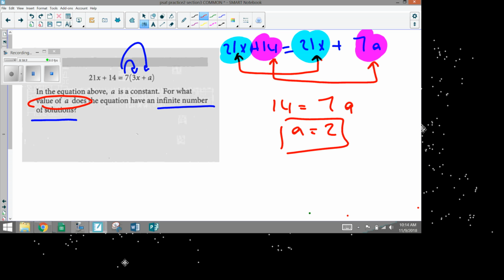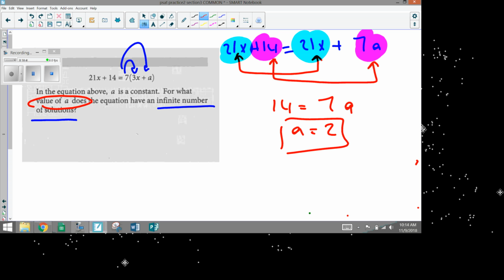Alright, so it's saying infinite number. What does that mean? Whatever you plug in for x should satisfy it, because it has an infinite number of solutions. Let's try that. Try 0 for x. When you try 0 for x, it cancels out 0, 14, right?